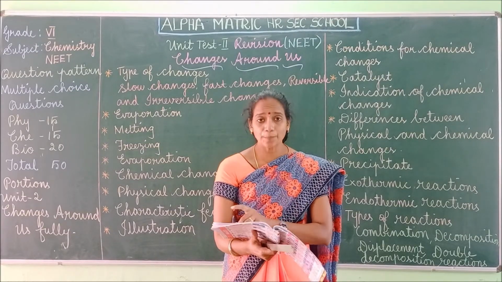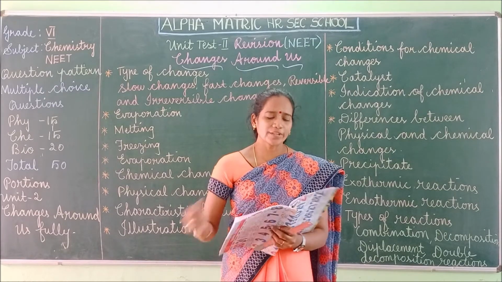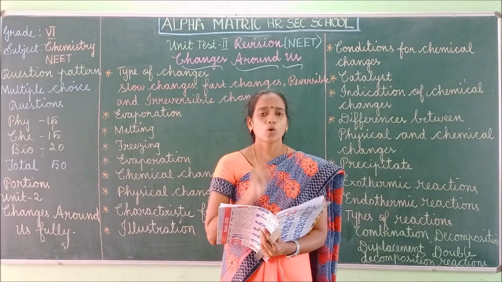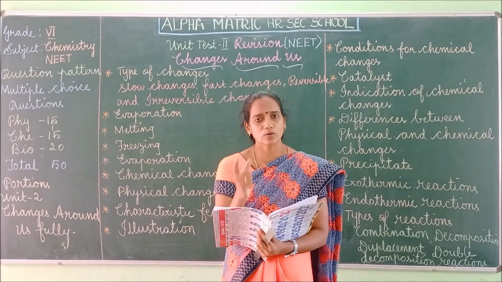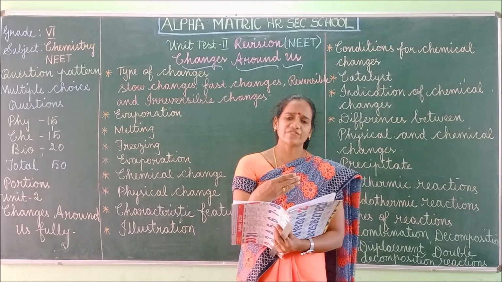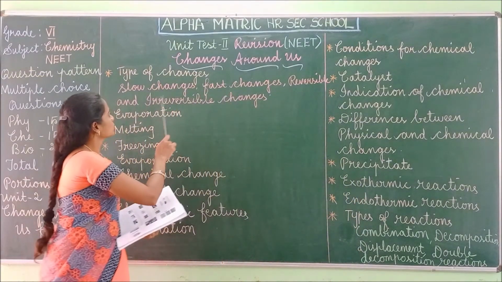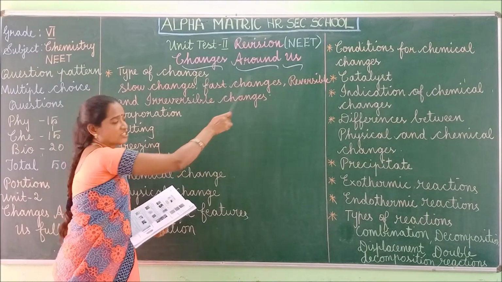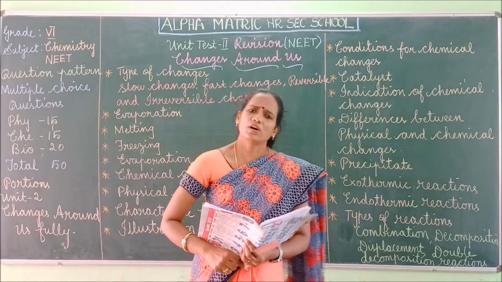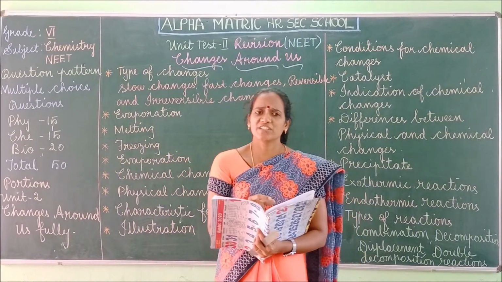Next, turn to page number 14. In page number 14, what is given? Two types of changes are given. One is physical change, another one is chemical change, right? These two types of changes can be further classified into slow change, fast change, reversible change, irreversible change. Now let me discuss the slow change. What is meant by slow change?